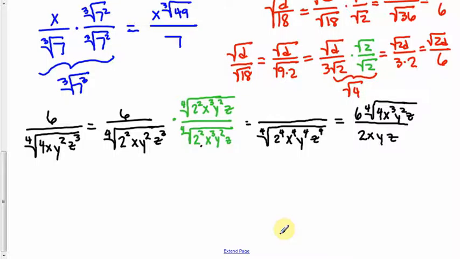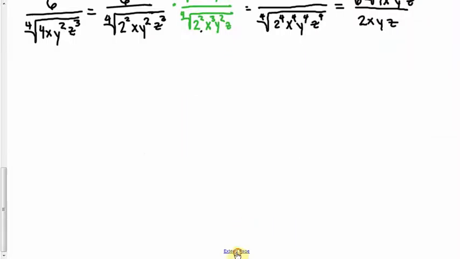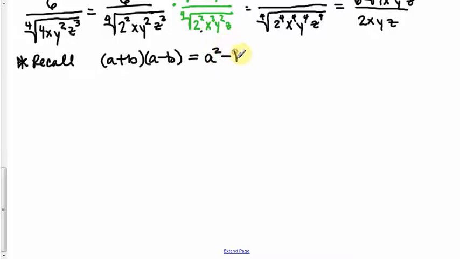Now, remember when we talked about multiplying conjugates? When we multiplied a plus b times a minus b, we only had to do the first and the last. So we would always get a to the second minus b to the second as our final answer.